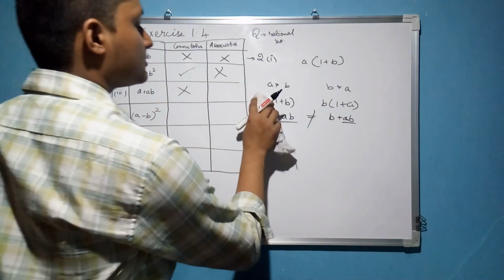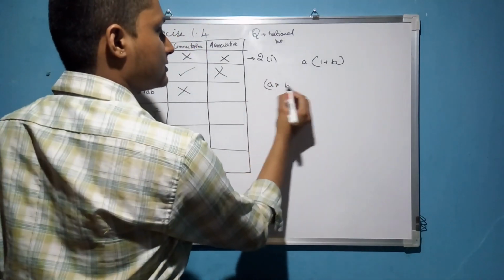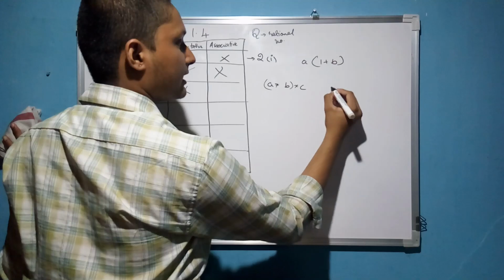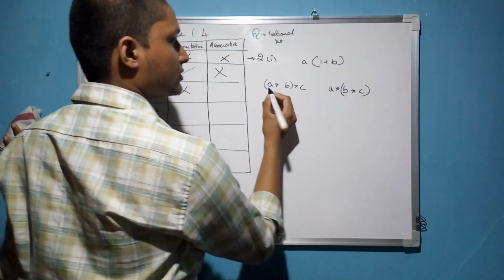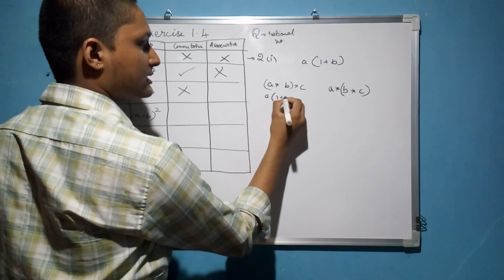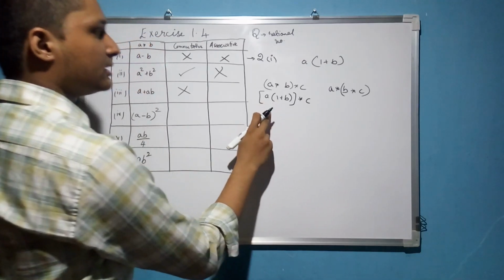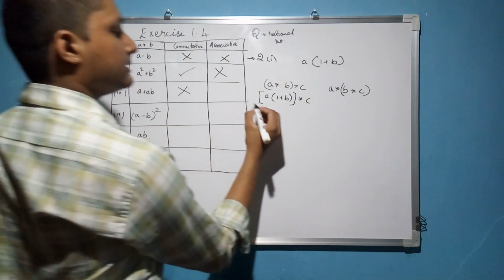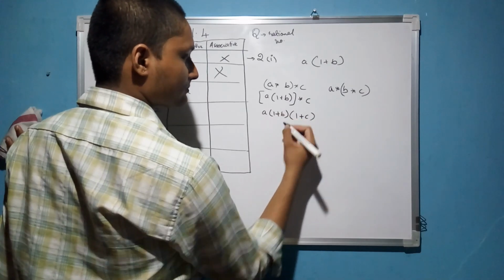Now to check whether it is associative, you need to have this condition, right? (a star b) star c. So this is first now. This becomes a into 1 plus b is one number, star c. Then first number into 1 plus second number. That is a into 1 plus b into 1 plus c.